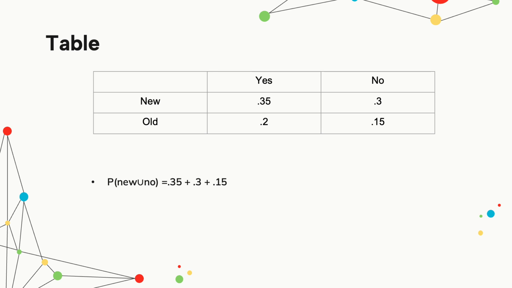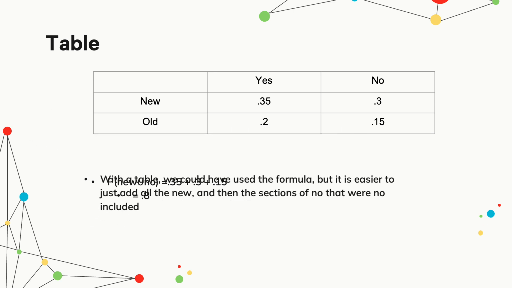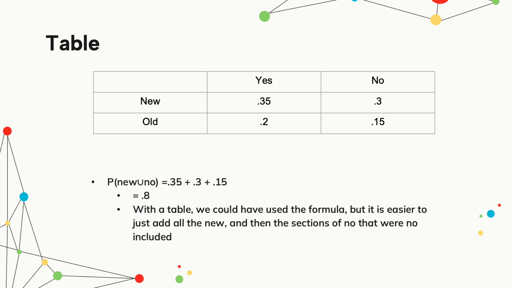But we already counted the 0.3 in the new, and that's the overlap section. If we were doing it by the formula, we'd have to subtract that. But since we already counted it once, you would just add that 0.15, so you don't have to worry about subtracting. And you get 0.8.